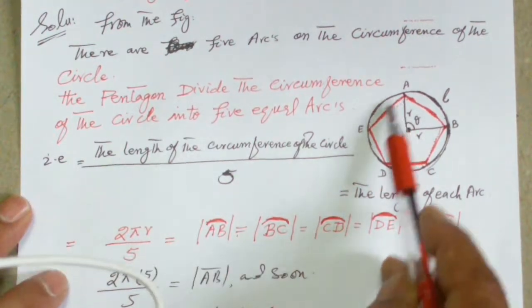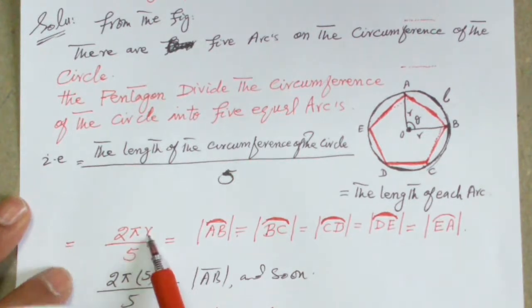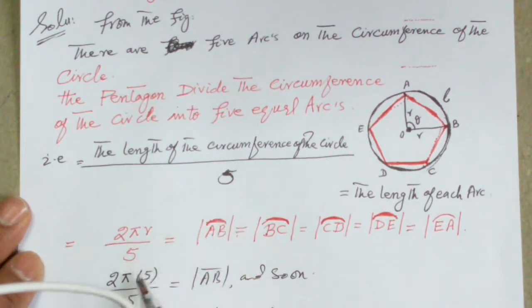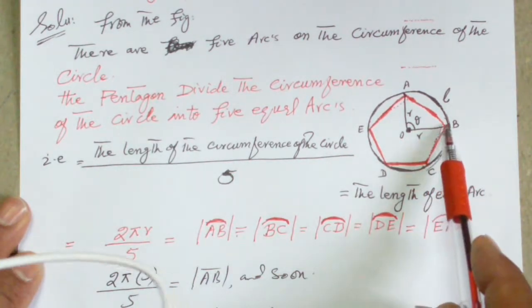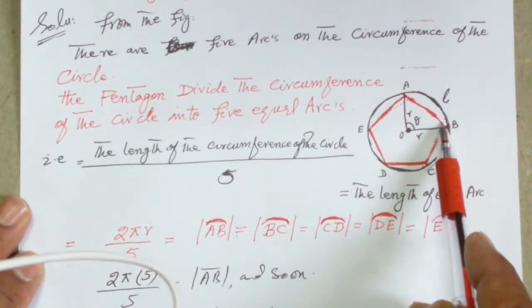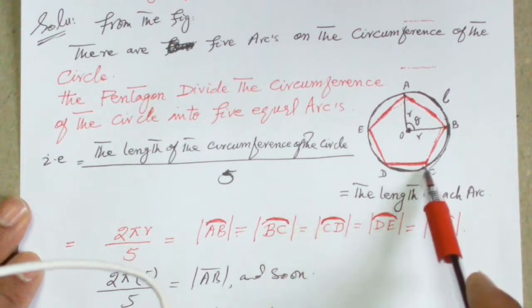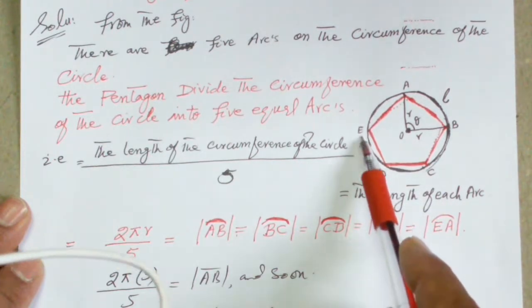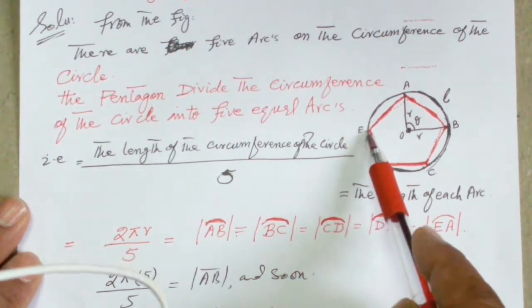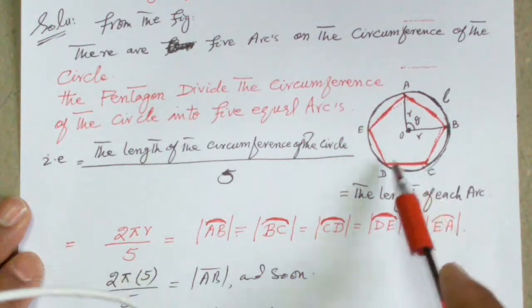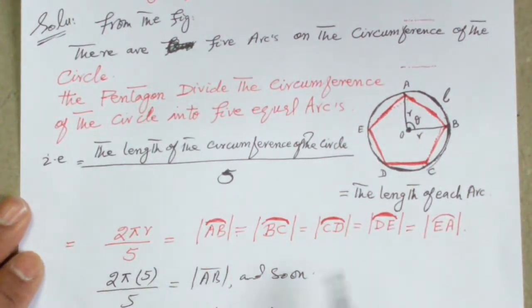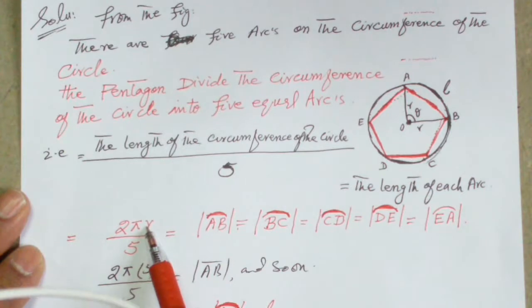So the circumference of the circle, 2 pi R, divided by 5 is equal to the length of arc AB, which is equal to arc BC, arc CD, arc DE and arc EA. The length of each arc is equal.